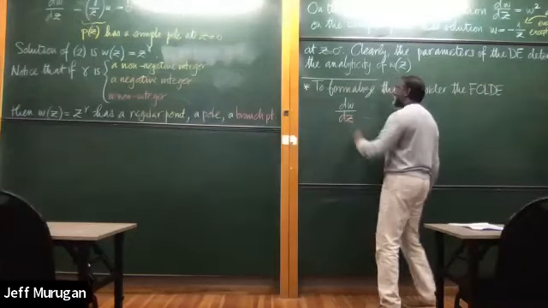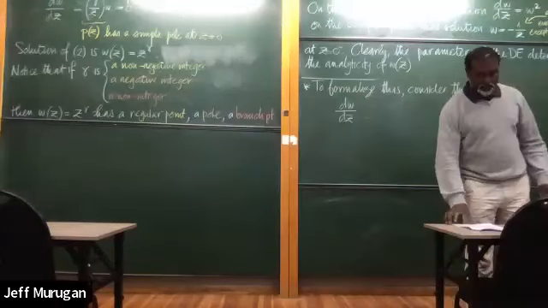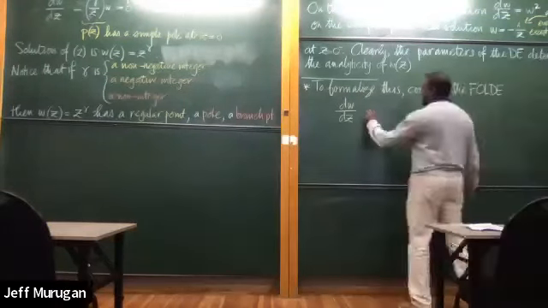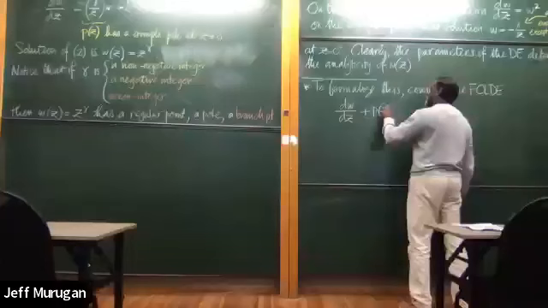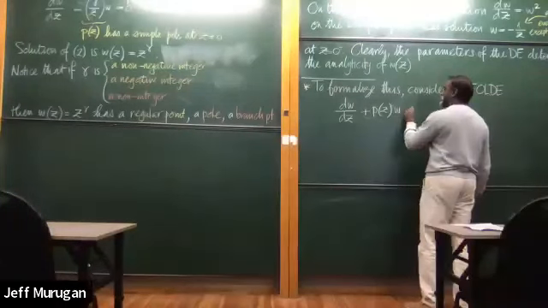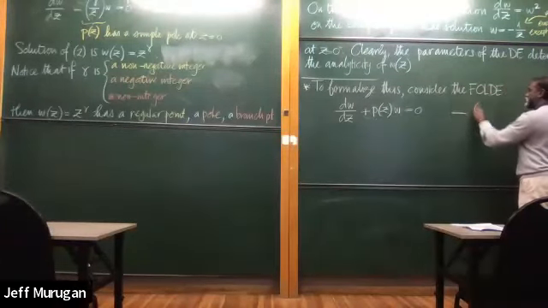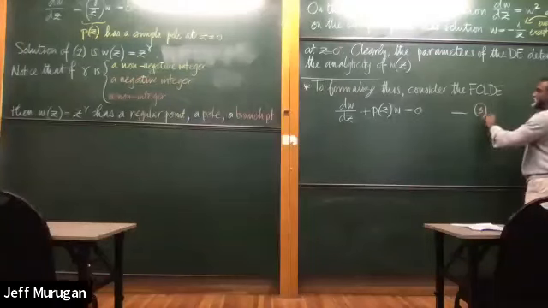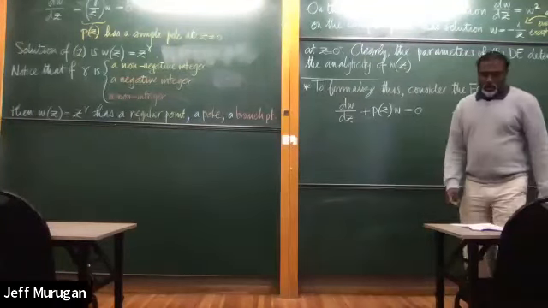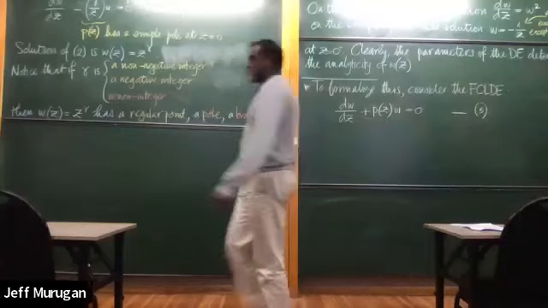And now I'm going to be working almost exclusively on the complex plane for all the reasons that I told you about just now. Plus some coefficient function p of z, w equals 0.